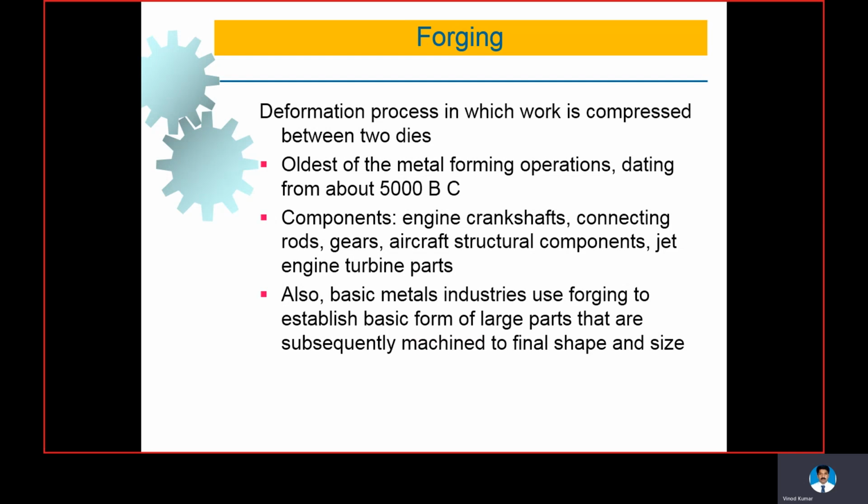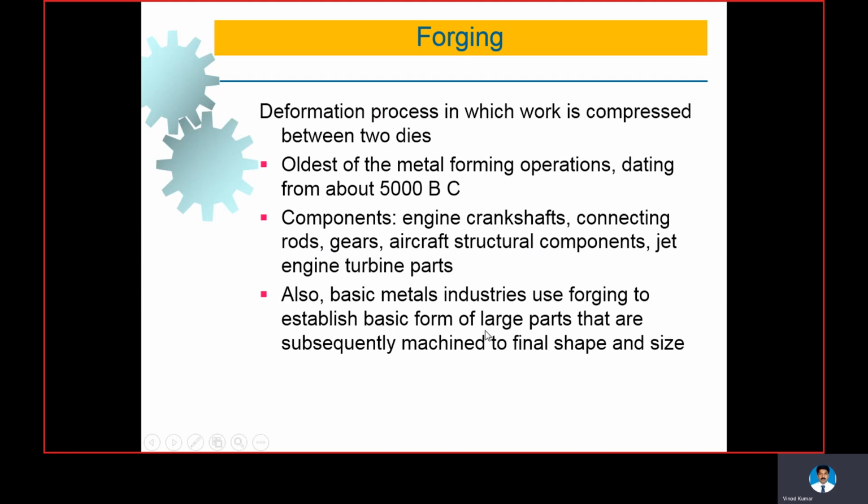In engine crankshafts, where we have fluctuating loads, and connecting rods, we go for the forging process to produce very strong parts. Also, basic metals industries use forging to establish the basic form of large parts that are subsequently machined.